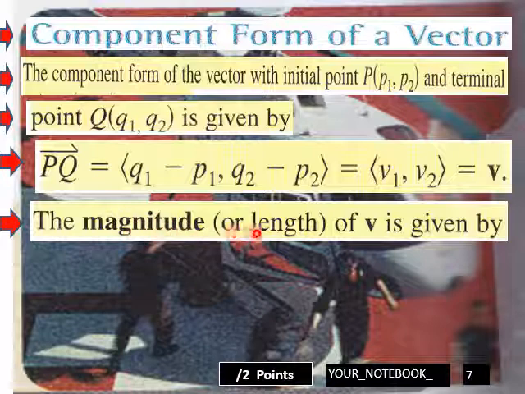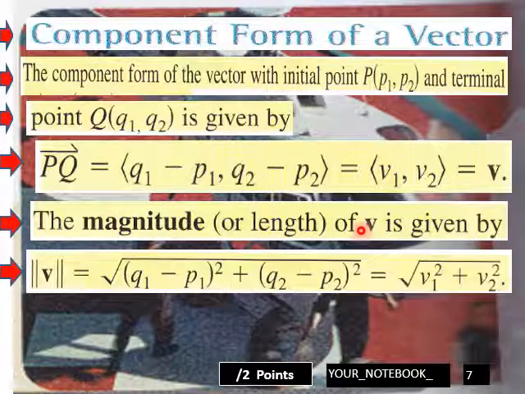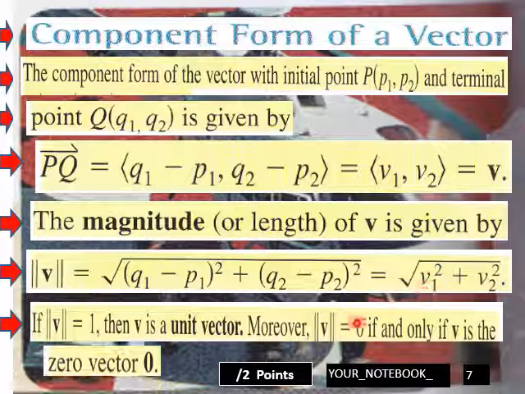The magnitude or length of v is given by, the magnitude is denoted by these two symbols here, the radical of q1 minus p1 squared plus q2 minus p2 squared, which will equal v1 squared plus v2 squared, radical of the sum of these two values.